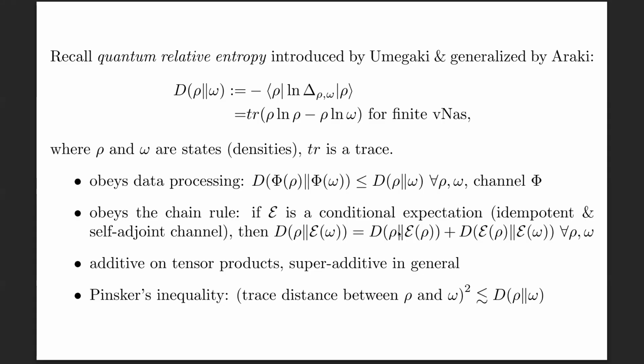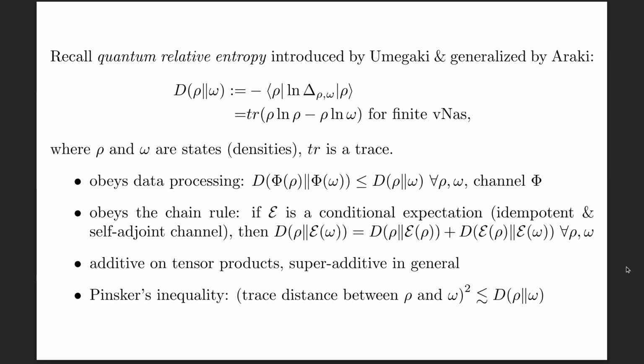If you take it with respect to a conditional expectation, on a different state, you can rewrite this as the sum of the relative entropy to the conditional expectation plus the relative entropy to that state in the subalgebra. It's additive on tensor products and superadditive in general. And Pinsker's inequality says that it upper bounds the trace distance.